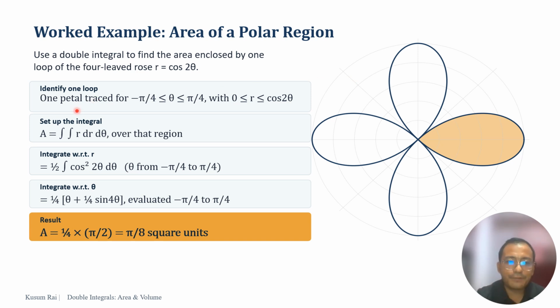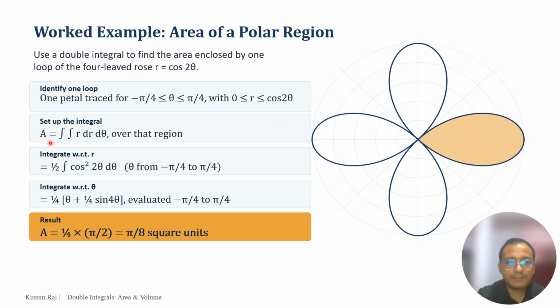Now, identify one loop. So, one petal traces out -pi/4 ≤ theta ≤ pi/4 with r greater than or equal to 0 and less than or equal to cos 2 theta.